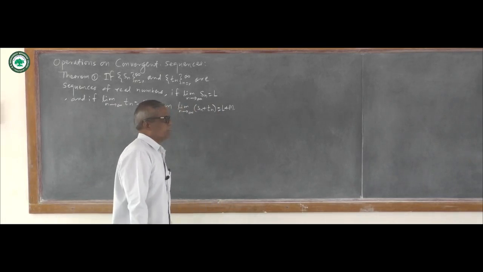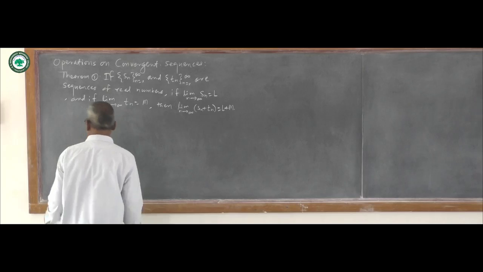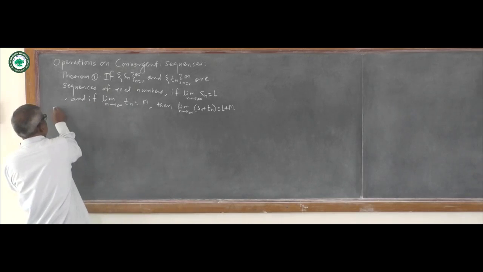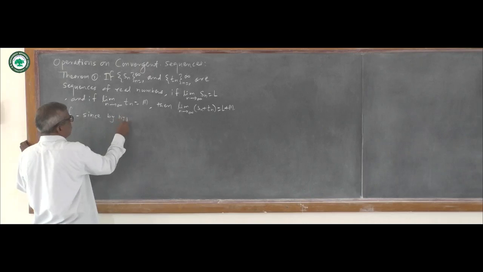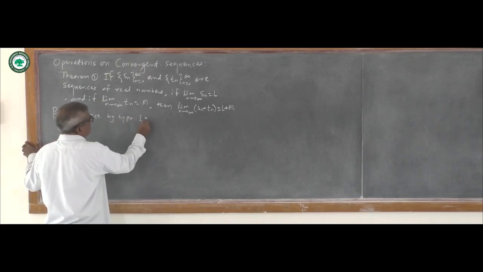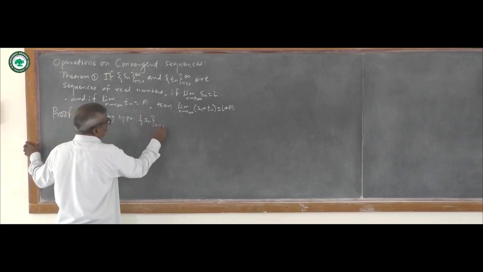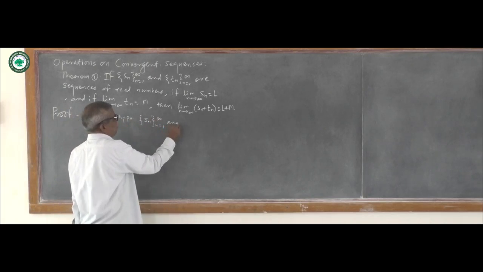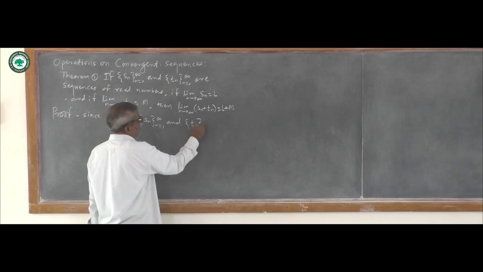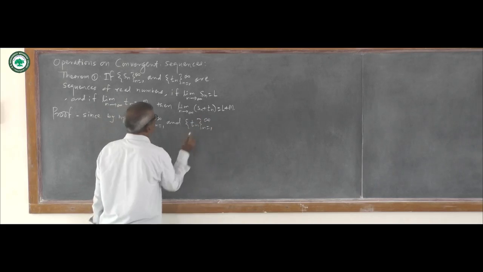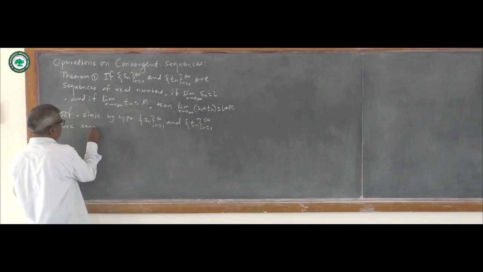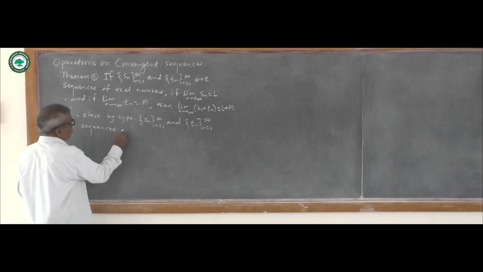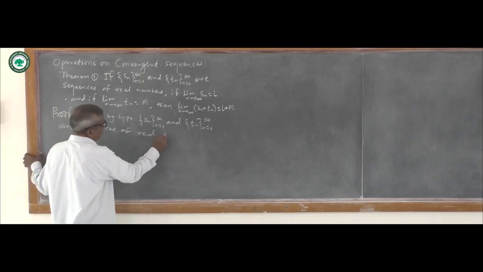Proof. Since by hypothesis sequence Sn, n equal to 1 to infinity, and sequence Tn, n equal to 1 to infinity, are sequences of real numbers.